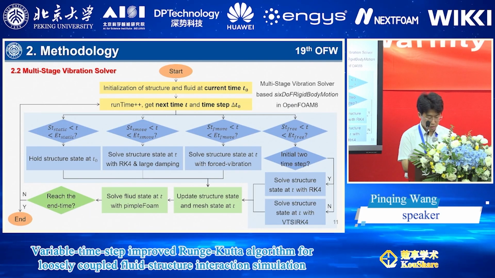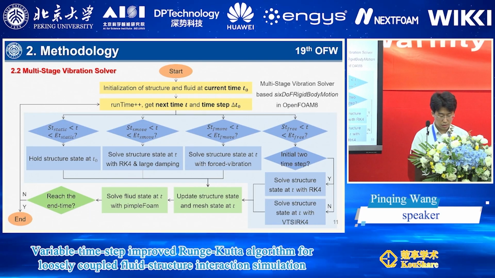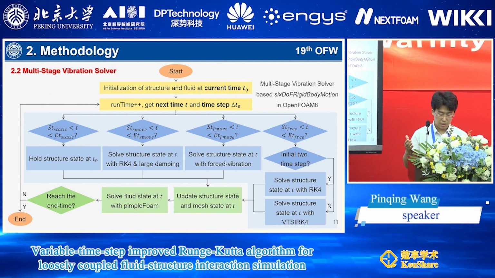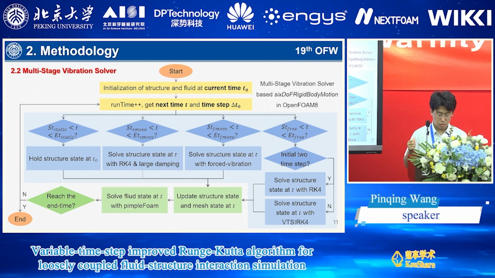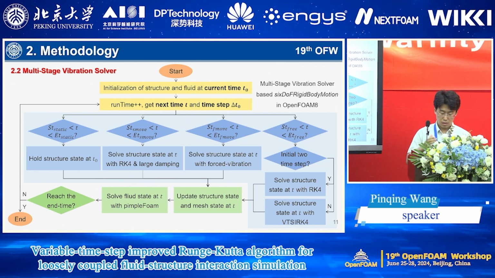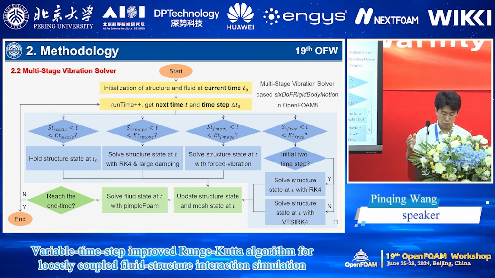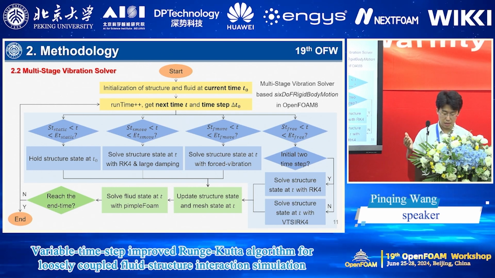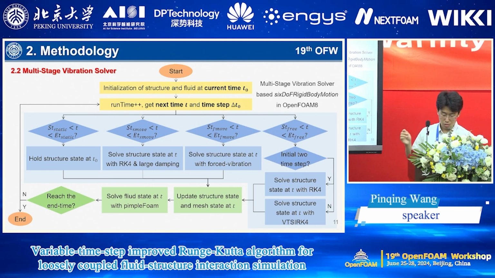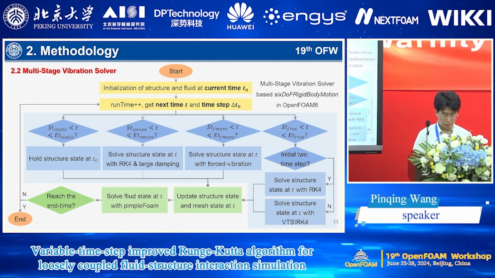In this way, according to our needs and by judging the current time value, we can control whether the stage needs to be solved and the solving order of each stage. So after the multi-stage vibration solver, it comes to updating the mesh and solving the fluid field for the next time. All the process is shown in this figure.